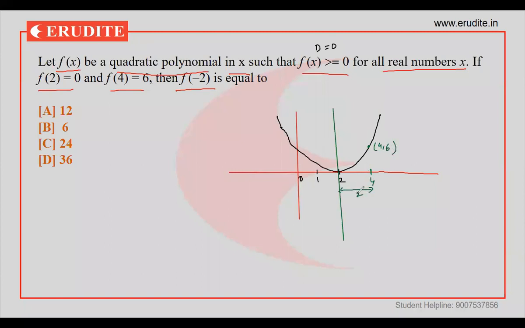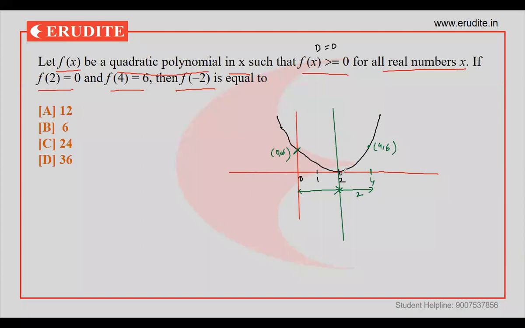It is 2 unit far, right? So the same value of this polynomial will be 2 units from the 2 on the left hand side. 2 units from the left hand side from the 2 is 0. So at the 0, the parabola value will be 6.